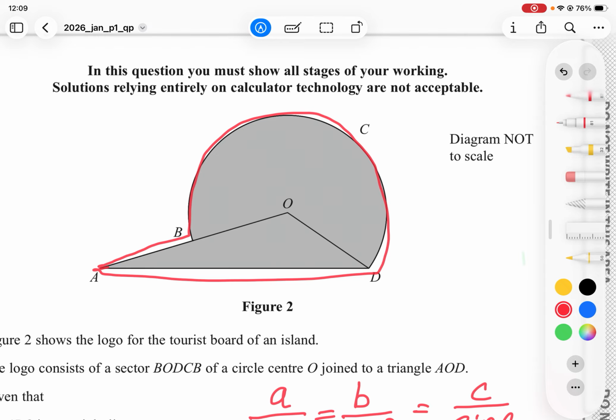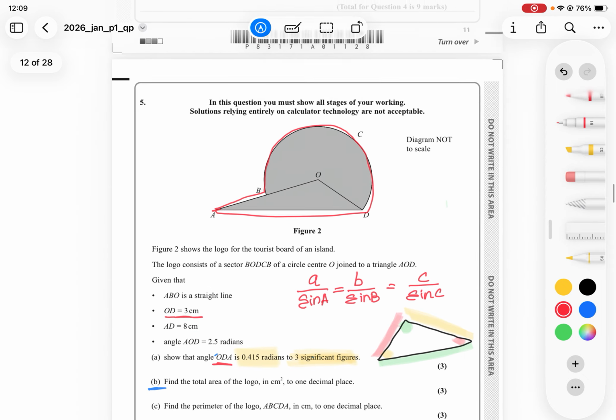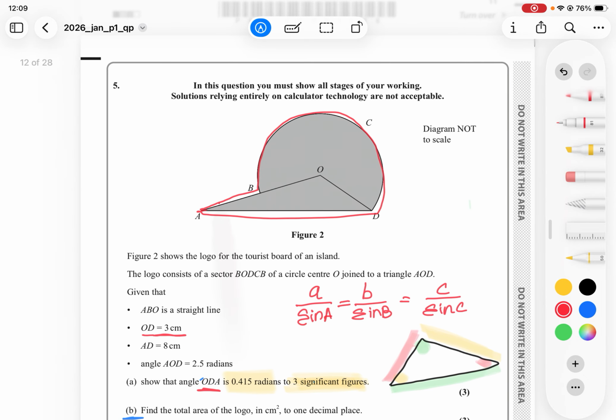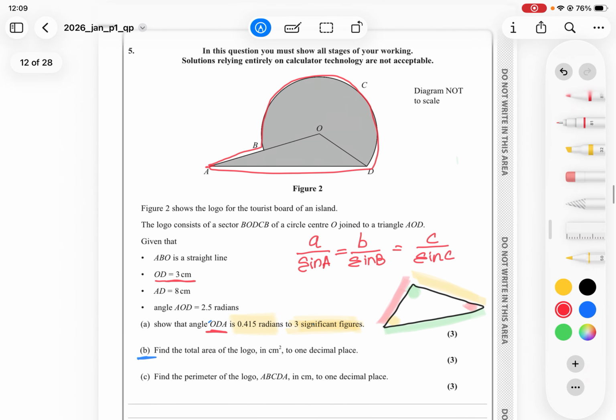These are the parts that we have to add up. There are a few things that we know already. We know this, and we don't know the AB, but we know this full BD. So let's get the length of BD.